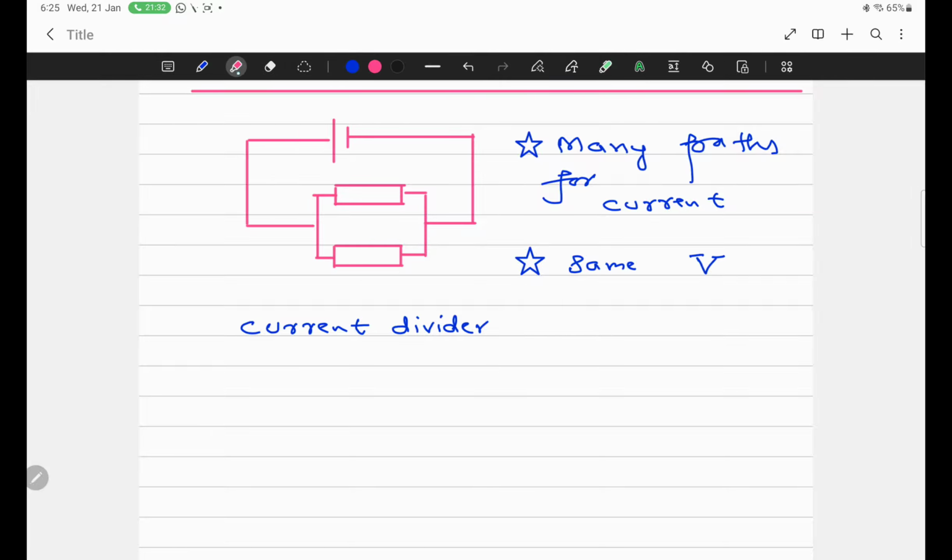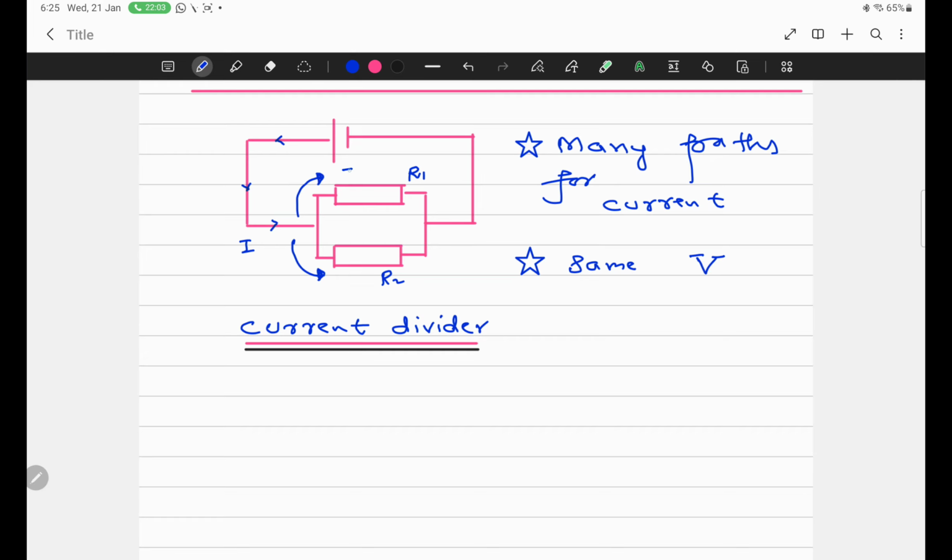And I am going to teach you a formula which I claim that your school teacher will not teach this formula. I'm claiming. So this is R1, this is R2. But Zainab, current I coming from the battery and this current is divided between these two resistors. So I am calling this circuit as current divider.